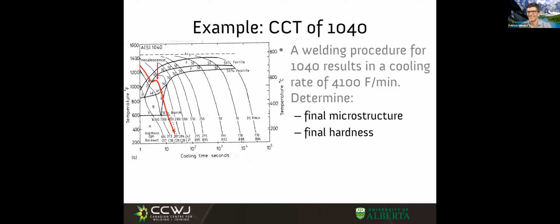Before crossing the line. No, we have, okay, we have frozen primary ferrite, 8%. Aha, 6% bainite. Here's the B.